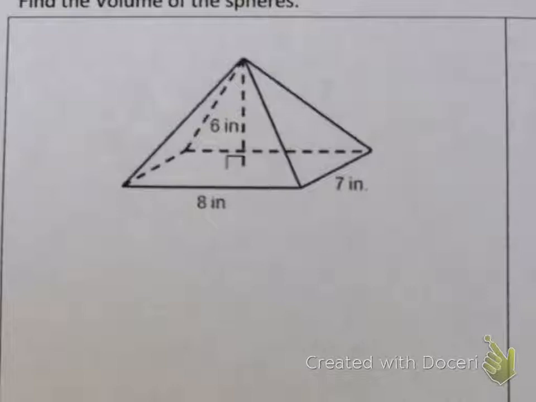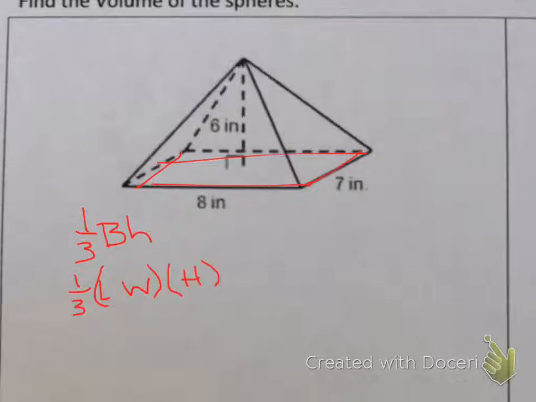On my first example here, this is a pyramid. My pyramid formula is 1/3 the area of the base times the height. Again, the base here is a rectangle, so I know I'm going to do length times width for the area of the base, and then times it by the height of the pyramid. So 1/3 the length and the width, 7 times 8, times the height of the pyramid, which is 6.